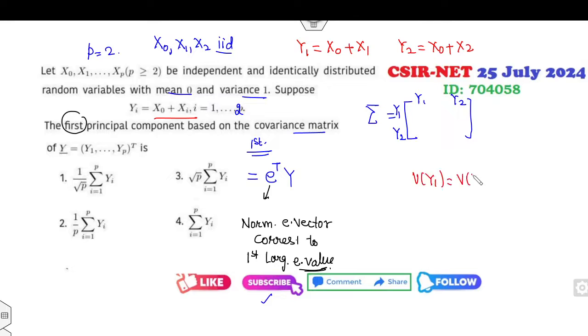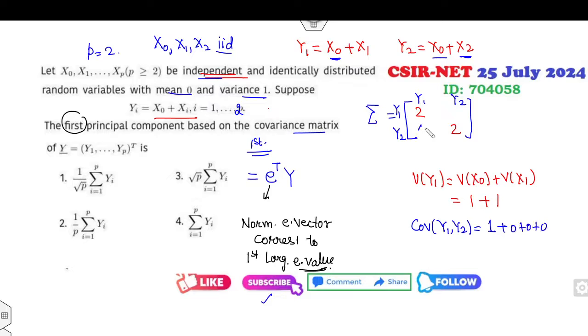That is the variance of x0 plus the variance of x1 because they are independent, so 1 and 1. Similarly, the variance of y2 is 1. What is the covariance of y1 and y2? That is the variance of x0, which is 1, and x0, x2 because they are independent, so the rest values are 0, 1 and 1.